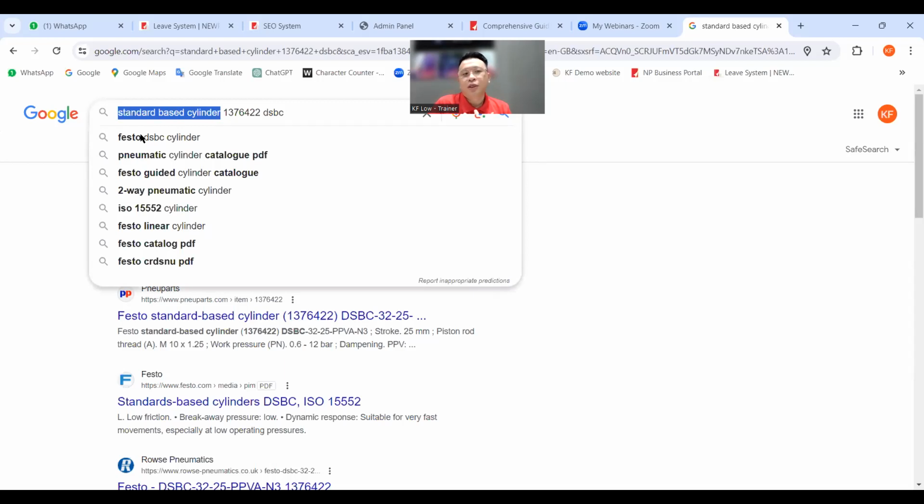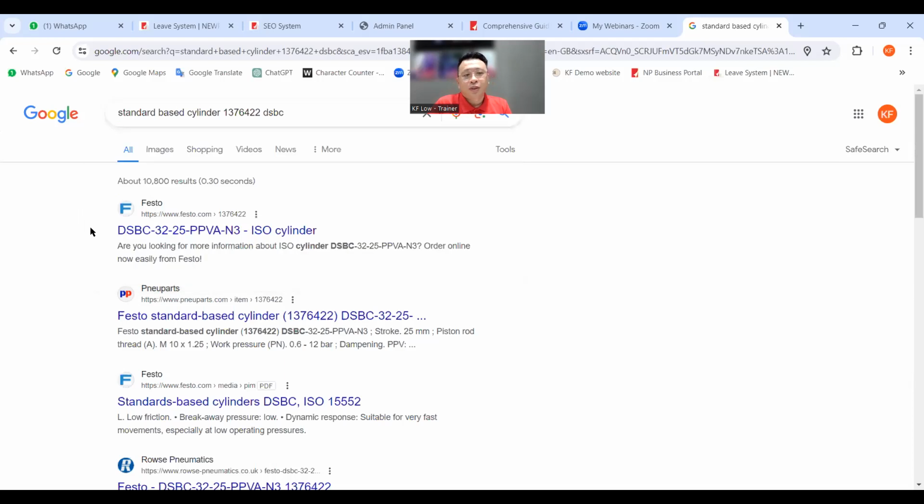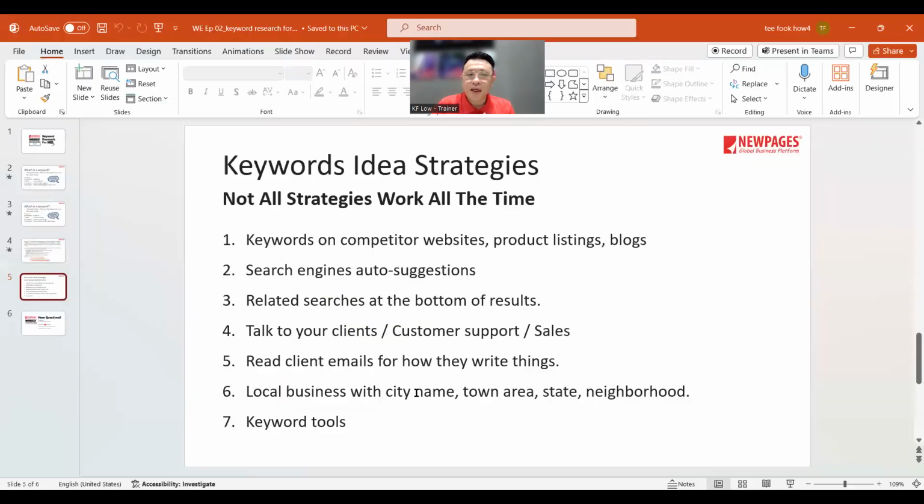So if you use long tail keywords, that will be better, and you try to cover as many different angles of people as possible. So you can use these strategies as your guideline the next time you do keyword research.